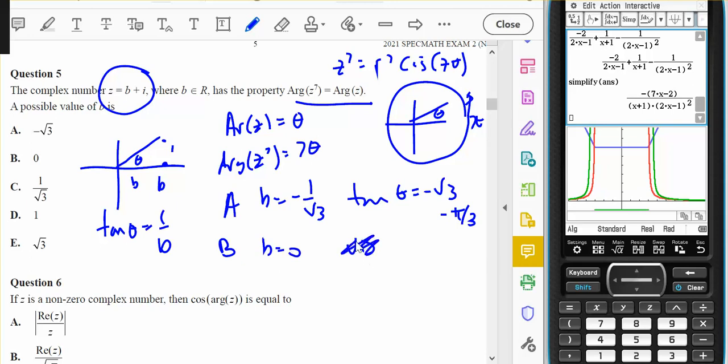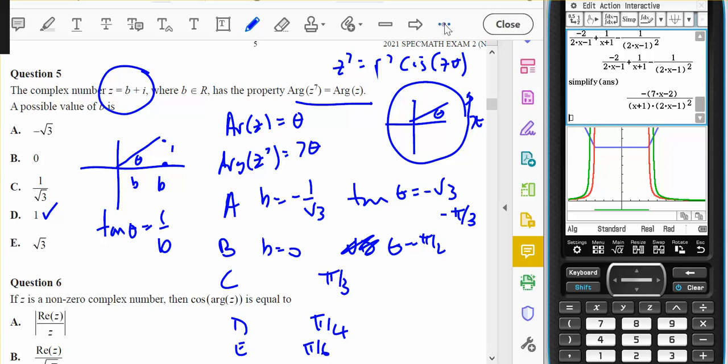Oh, sorry. If B equals 0, then Z's up here, so theta is pi on 2. In part C's case, 1 on root 3 is root 3, so the inverse tan of root 3 is pi on 3. For 1, it's going to be pi on 4. And for root 3, 1 on root 3 is going to be pi on 6.